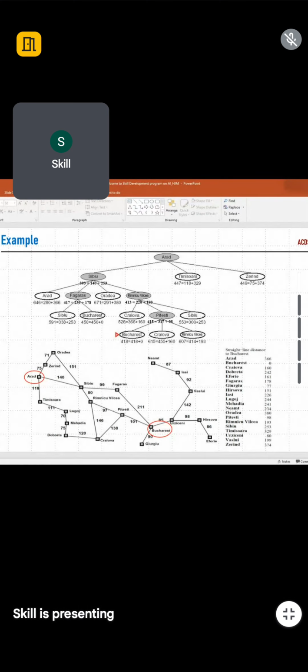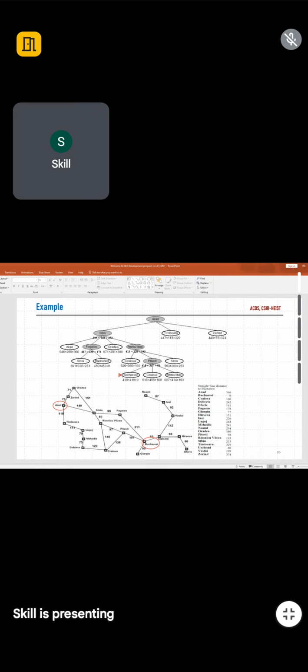Any doubt till now? What is the difference in optimality between the two? Sir, the difference between the two, sir, in application?